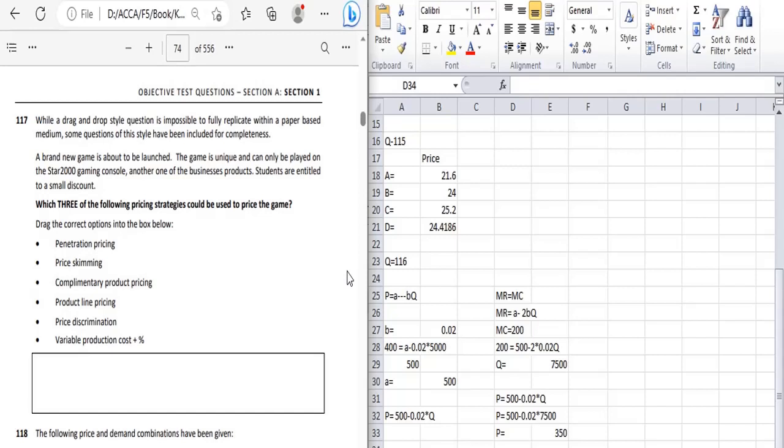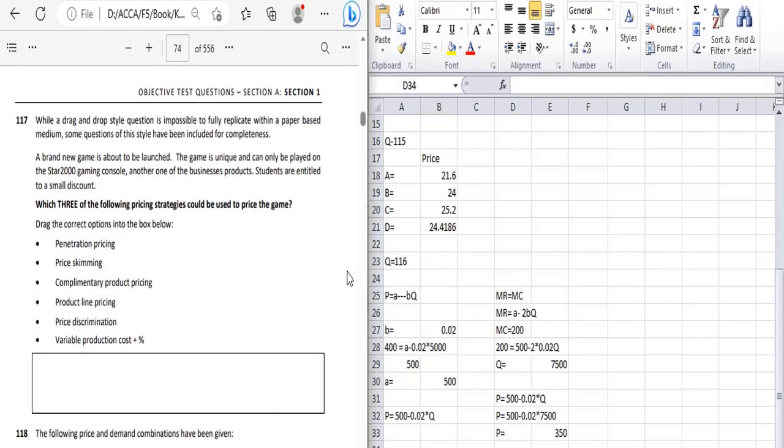So it is another business product. These are complementary products, meaning buying one requires you to purchase the other. So that is complementary product pricing. Students are entitled to a small discount, which means price discrimination.